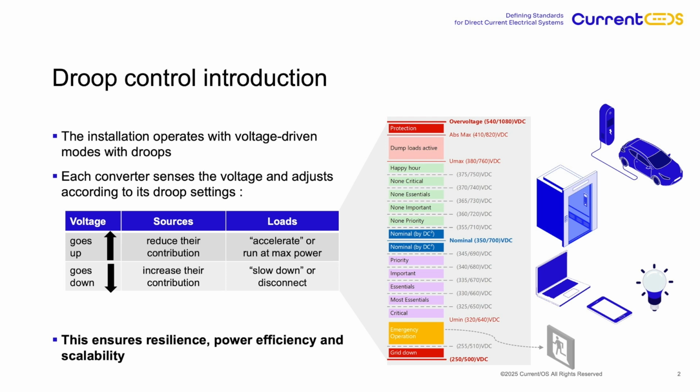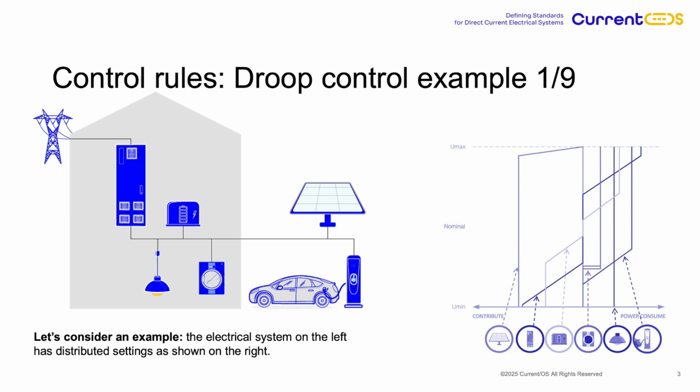In a world where public grids struggle to meet the rising demand for EV charging stations while also handling surplus energy from renewables, having a system that can continuously accelerate and slow down is a game changer. This capability has been demonstrated in numerous installations where Current OS solution has been operational for several years. To make it clearer, the concept will now be illustrated with a short animation.